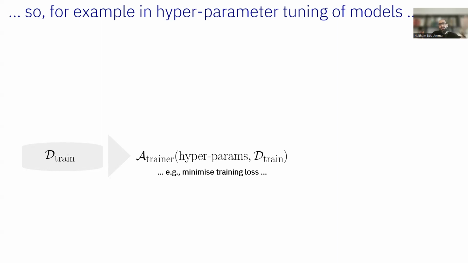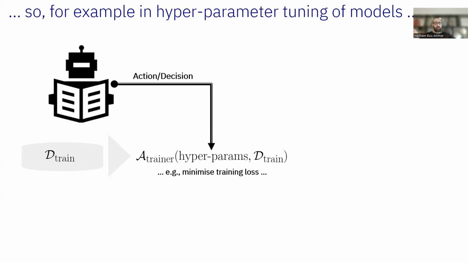To do that, the first change I'm gonna make is, instead of having a human deciding on those hyperparameters, I'm gonna have an agent which will tell me the values of those hyperparameters. That agent, as an output, will give me, okay, I believe the value of the learning rate should be that, the value of the units in the second layer should be that, I need to have 10 layers, and so forth.